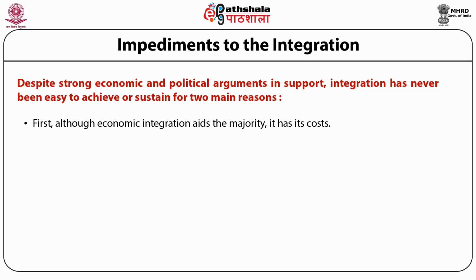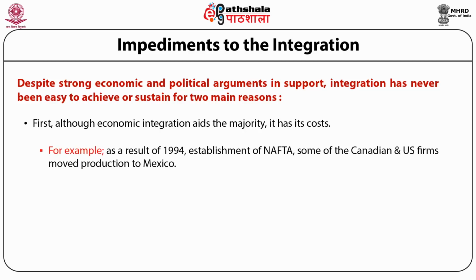Moving to a free trade regime involves painful adjustments. For example, as a result of the 1994 establishment of NAFTA, some of the Canadian and US firms moved production to Mexico. Thus, the workers in industries like textile, which employ low skilled and low cost labor, lost their jobs.